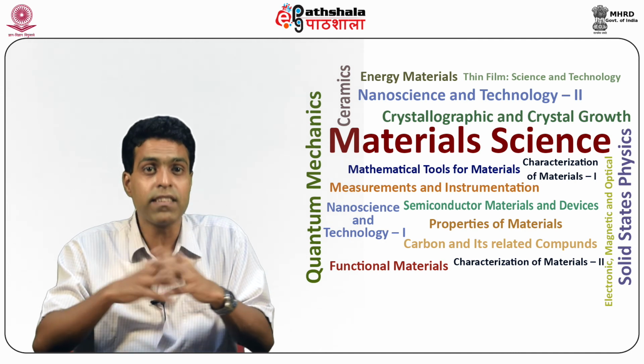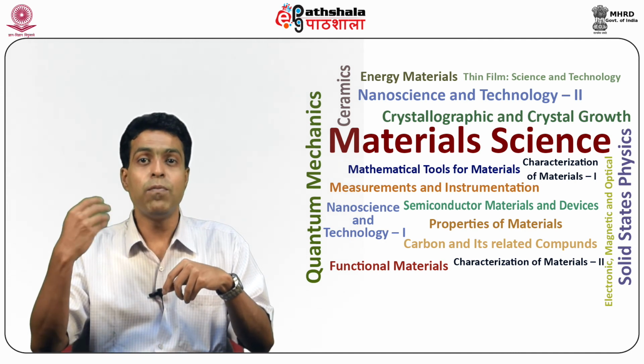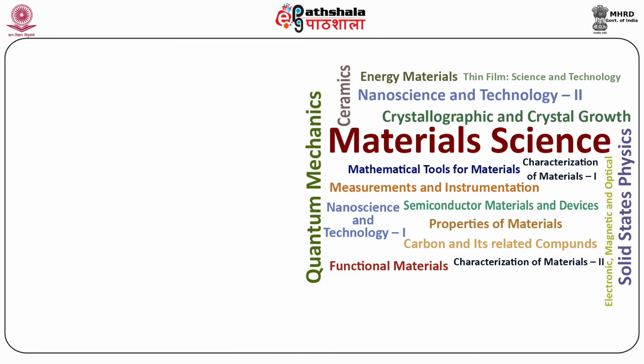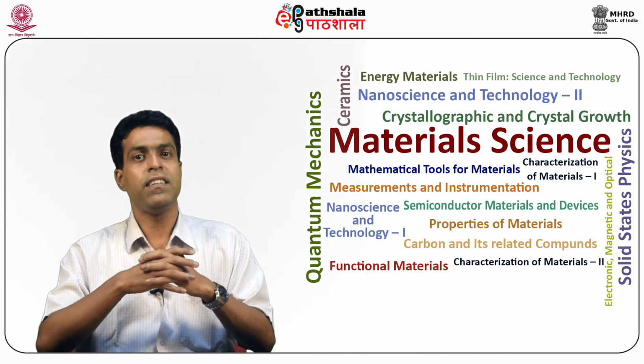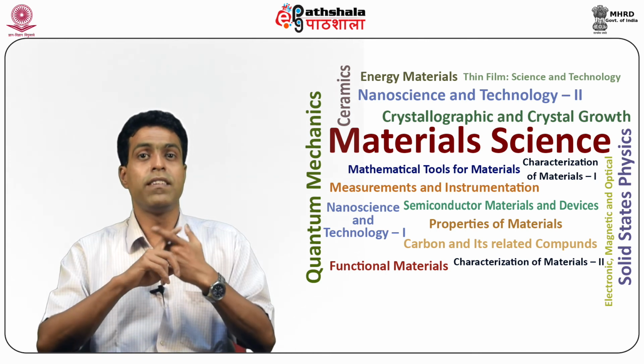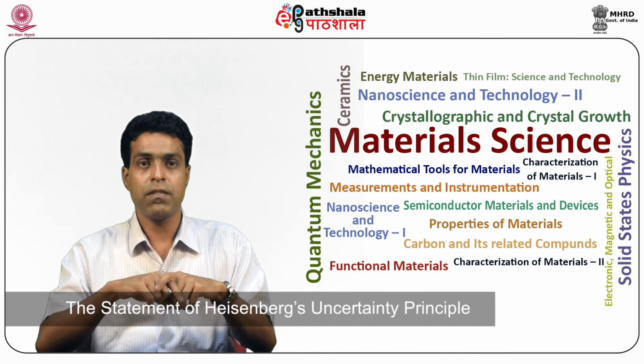Let us try to answer this question from the point of view of the uncertainty principle. Having studied this module, we have come to know the statement of the Heisenberg uncertainty principle.